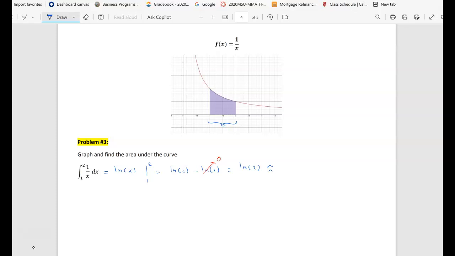Let me check it. We're looking at approximately 0.6931.